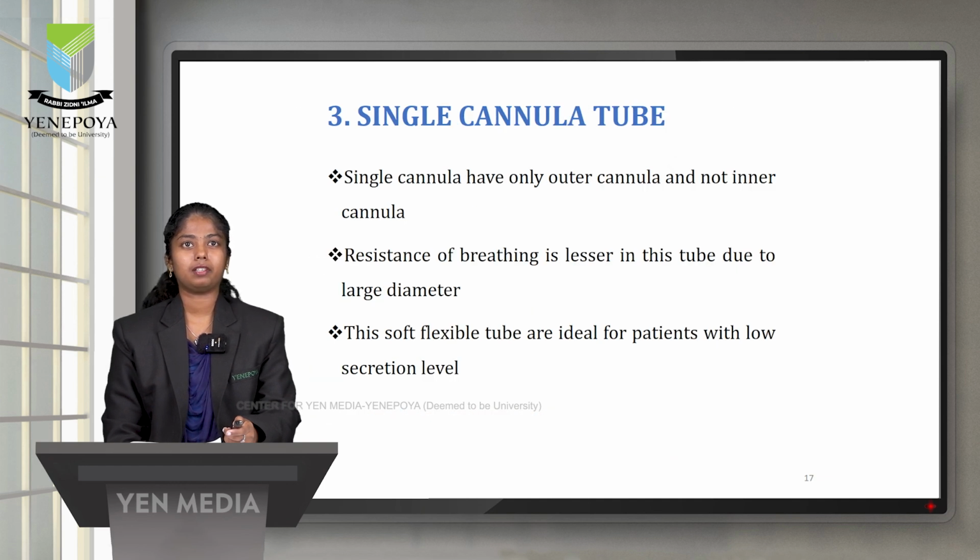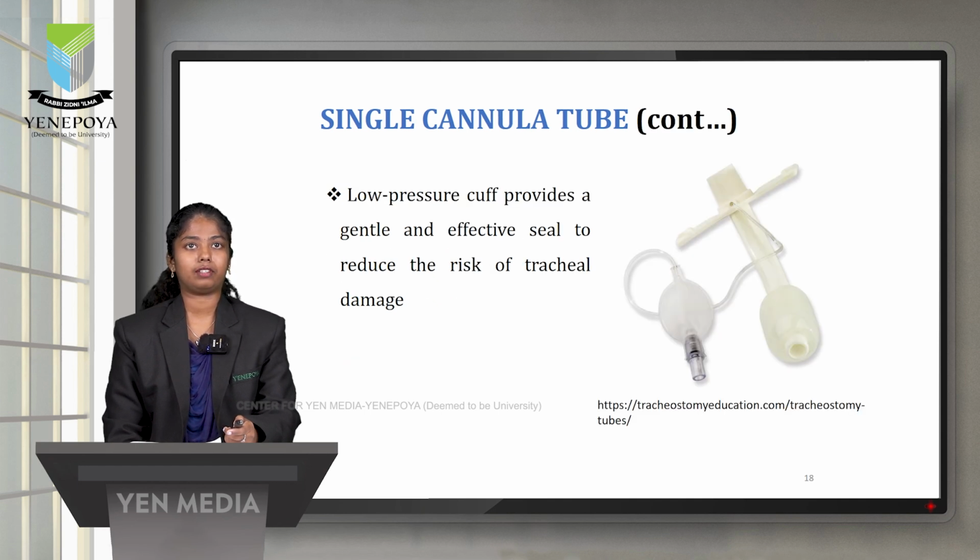Single cannula tube. Single cannula tubes have only an outer cannula and no inner cannula. Resistance to breathing is lesser in this tube due to its large diameter. This soft flexible tube is ideal for patients with low secretion levels. A low pressure cuff provides a gentle and effective seal to reduce the risk of tracheal damage.